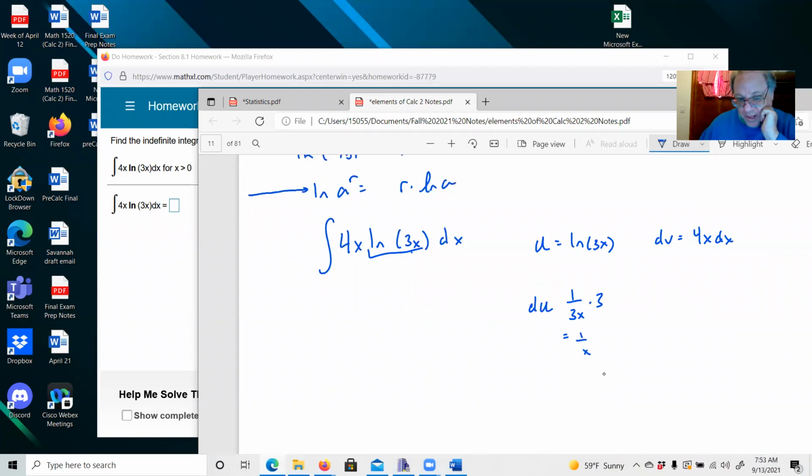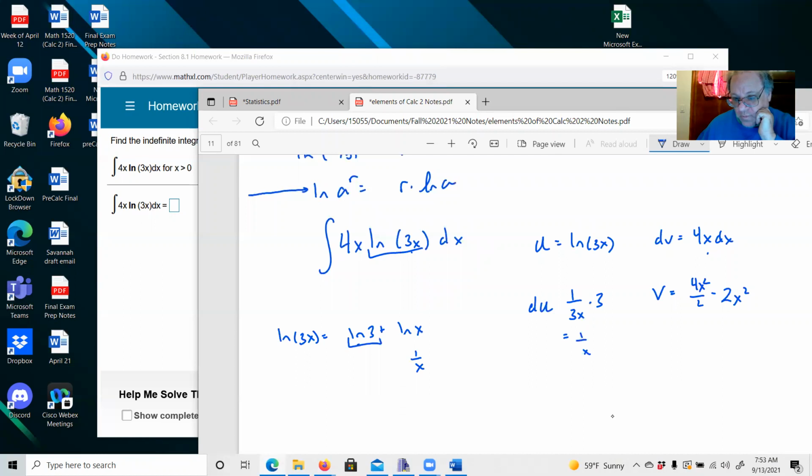Just remember that natural log of 3x is equal to natural log of 3 plus natural log of x. What's the natural log of 3? That's a calculator thing, that's a constant. So when I take that derivative, it's just 1 over x. Good, got the right answer here. Integrating dv, v is going to be 4x squared over 2, which is 2x squared.